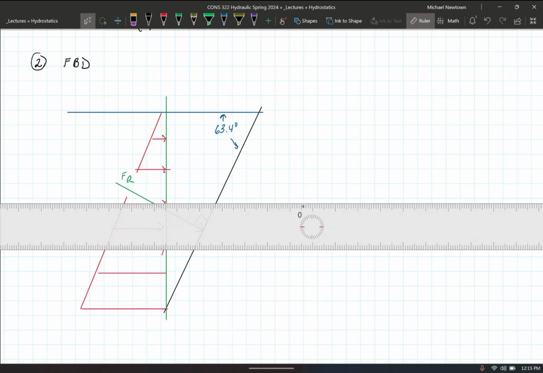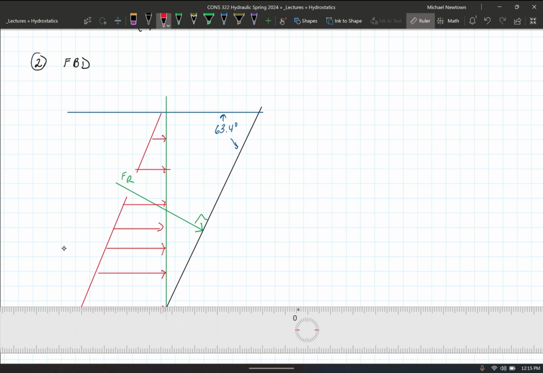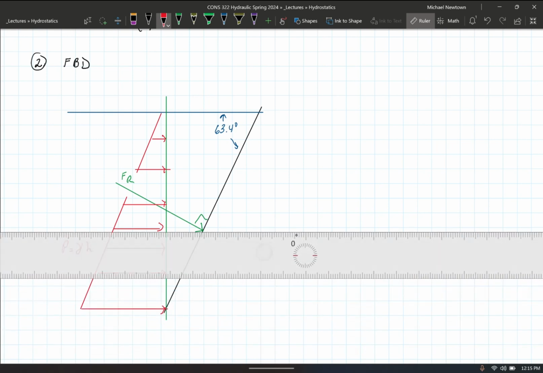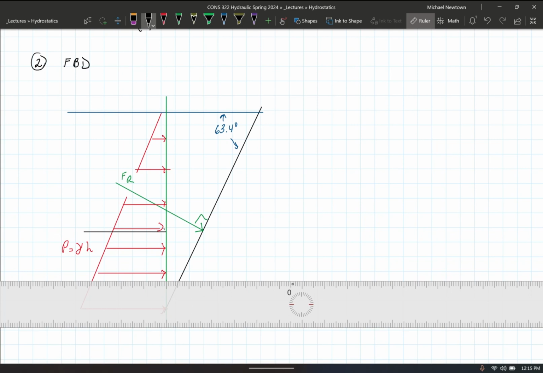Okay. But these are your pressures. Okay. And then somewhere in here, we will have a V, or force vertical. Okay.